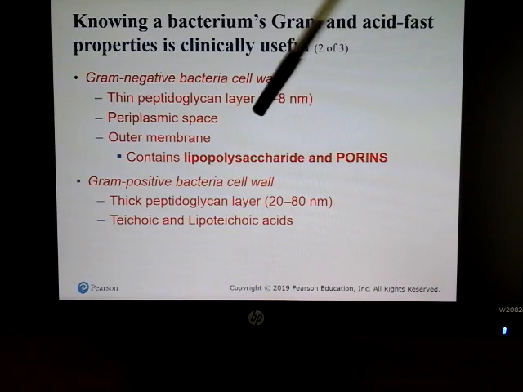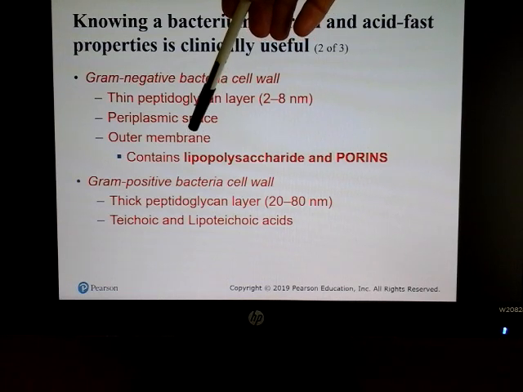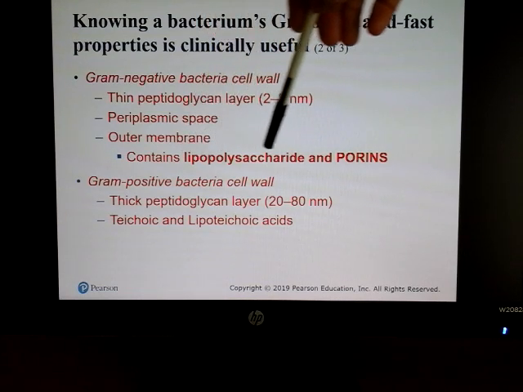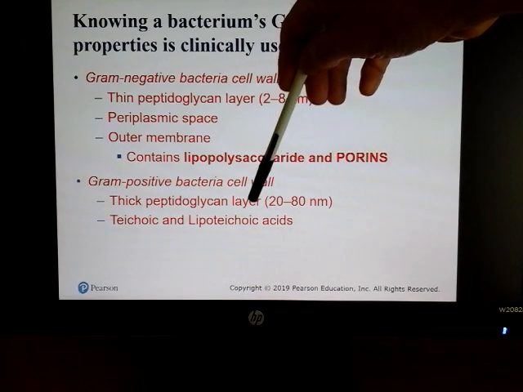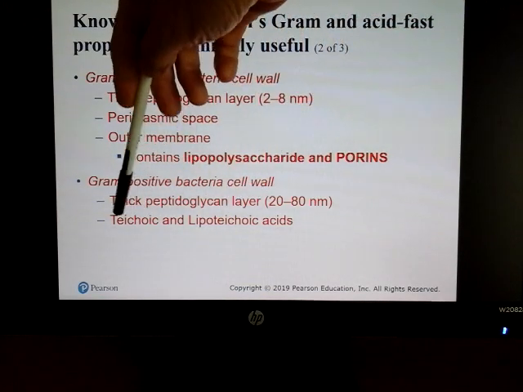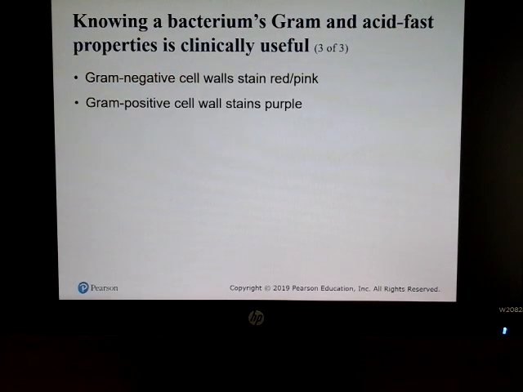Again, with the gram-negative, thin peptidoglycan, they have an outer membrane, and in the outer membrane we have lipopolysaccharide and porins. Gram-positive have thick peptidoglycan, teichoic and lipoteichoic acids. When you do the gram staining, guys, gram-negative is pink, gram-positive is purple.